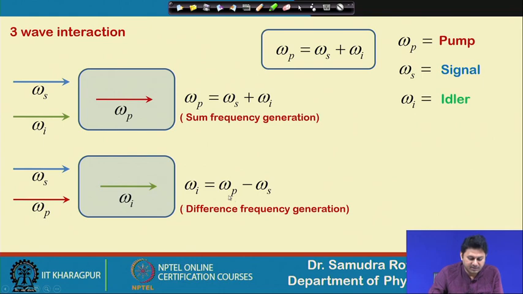So, omega I is nothing but omega p minus omega s. This is the difference frequency generation. So, sum and difference frequency generation are there, and this is called 3 wave mixing. We will learn this 3 wave mixing in our next classes.